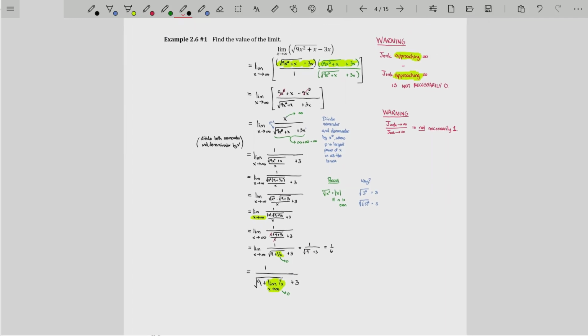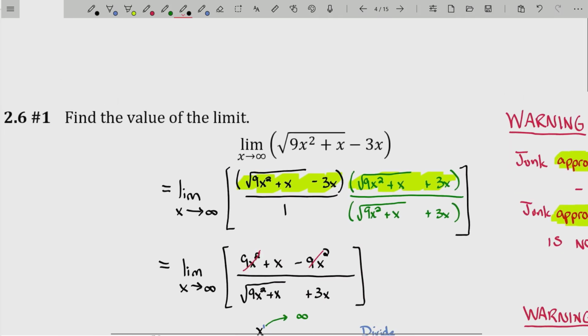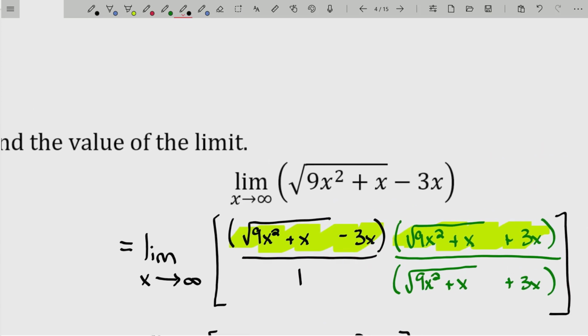Now, I freely admit that's a lengthy problem, and it need not be lengthy. If it was a homework or an exam and somebody was working on this, here's what you would likely do. I spent a lot of time talking about all this stuff, but the reality is you would start at the top and you would say, oh, I have a difference of 2 terms, one of which is a radical, and I see this is approaching infinity minus this is approaching infinity, so I can't just plug infinities in.